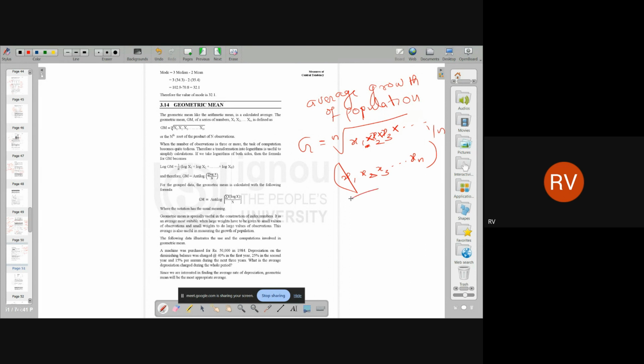This is the formula for finding the geometric mean.